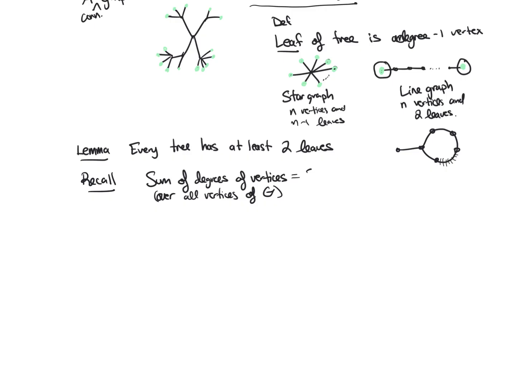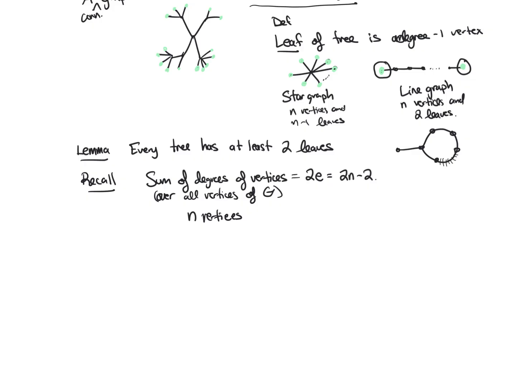And now, since we know that if you have n vertices the number of edges is n minus 1, you get 2n minus 2.